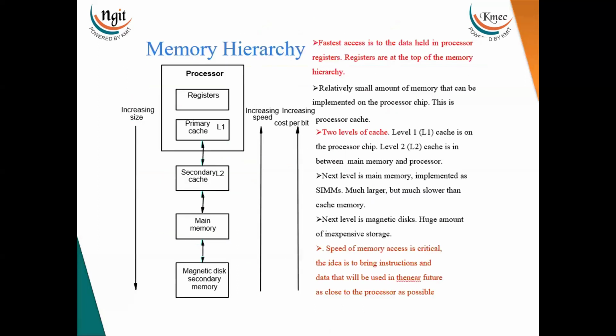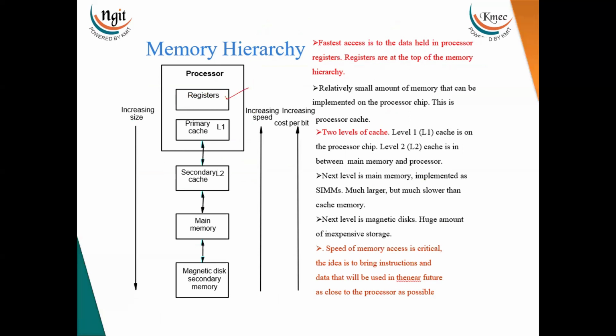This is the memory hierarchy. This is the processor, and inside the processor, registers are there. Registers provide the fastest access to the data held in the processor, and they are at the top of the memory hierarchy.